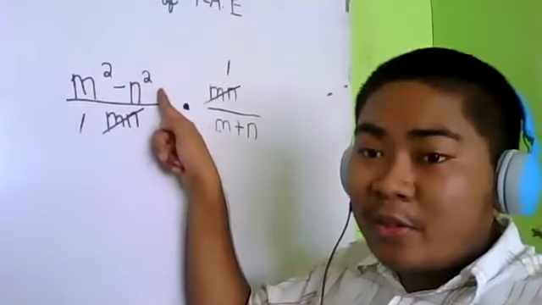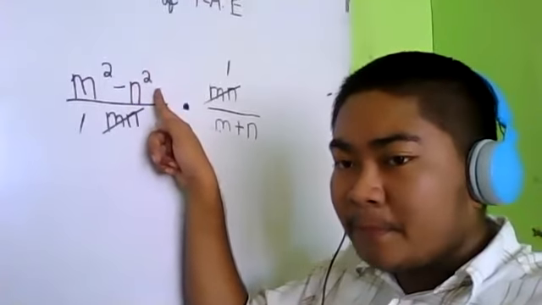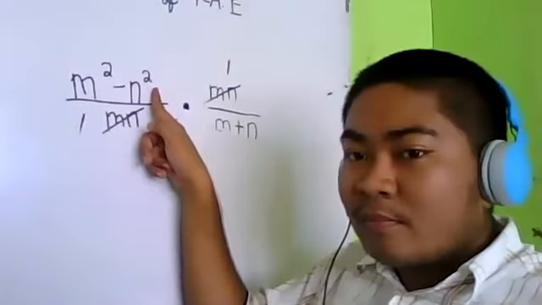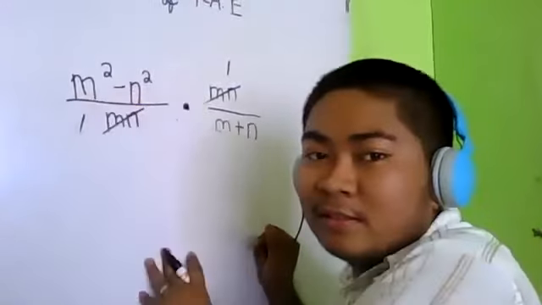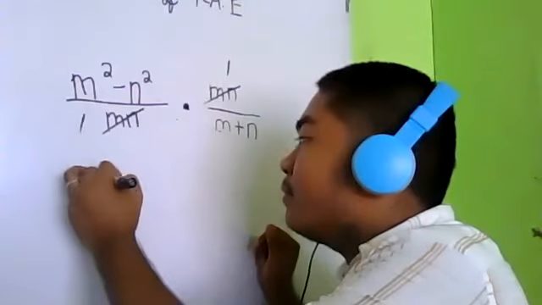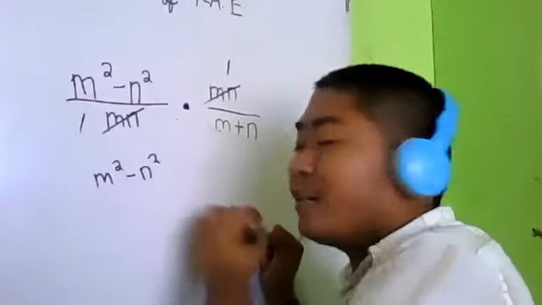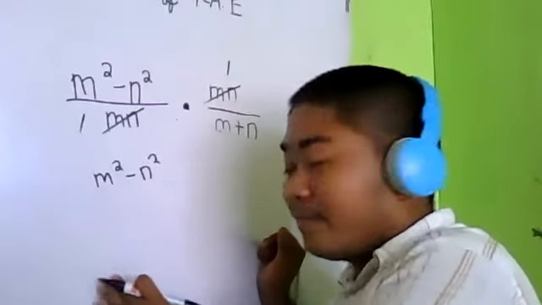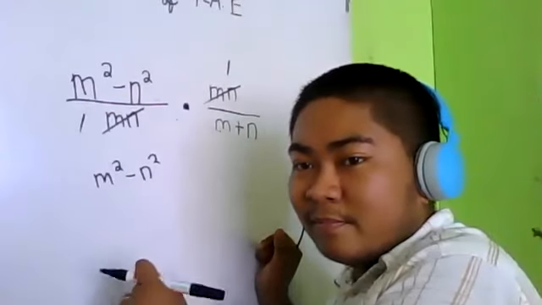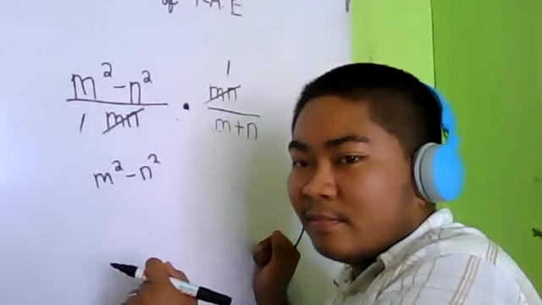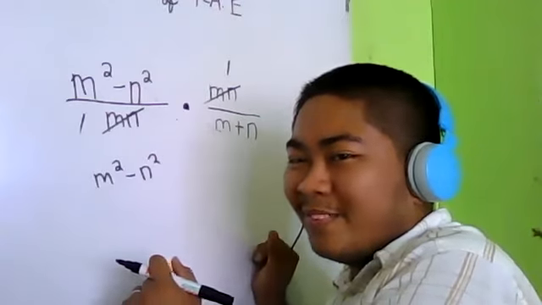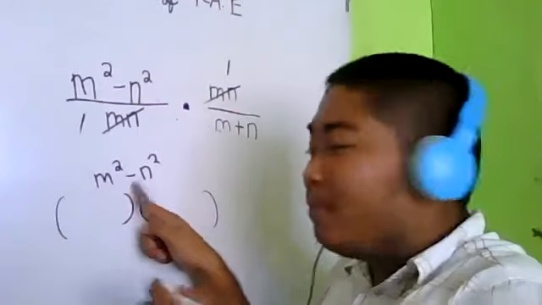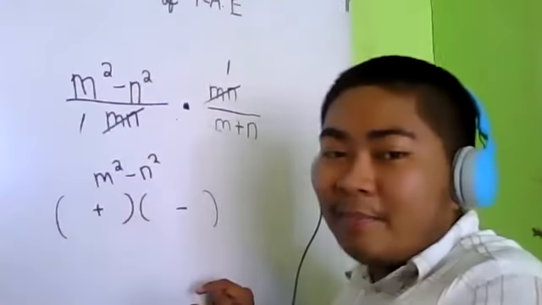So ito ba may factor? Si m squared minus n squared, may factor ba yan? Is it a yes or a no? Yes. Di ba, kapag rule natin negative ito, we have positive negative, tama?